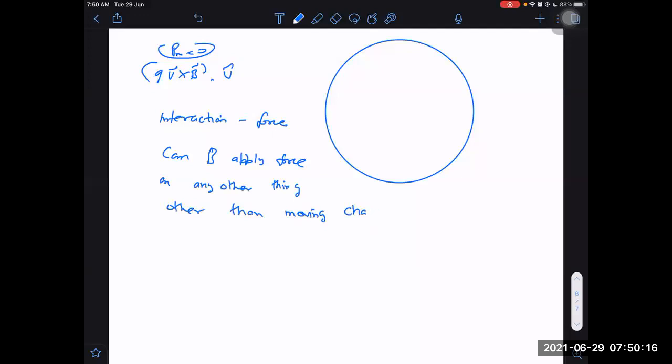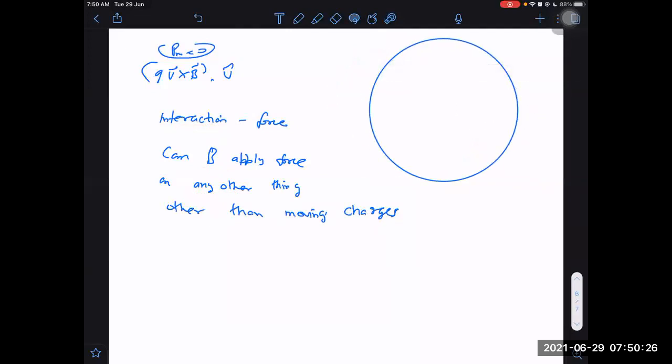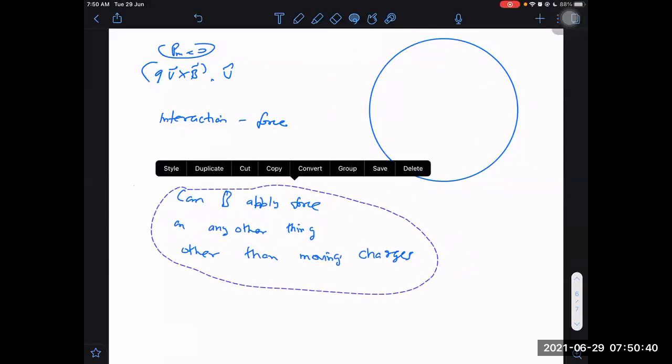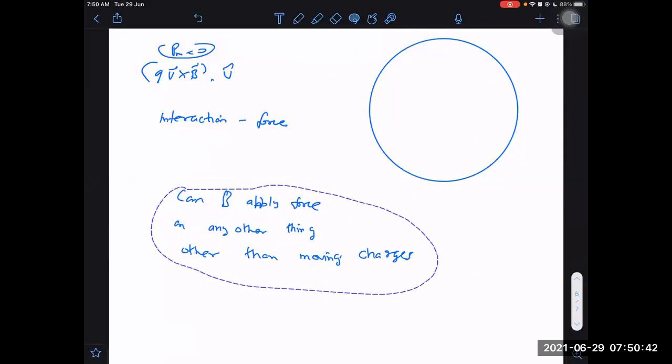Sir, it can never apply. It can never apply force on anything other than moving charges. A current carrying wire also has moving charges, right? Yes. So that's what I am saying. It can never apply force on anything other than moving charges, because it does not interact with them.